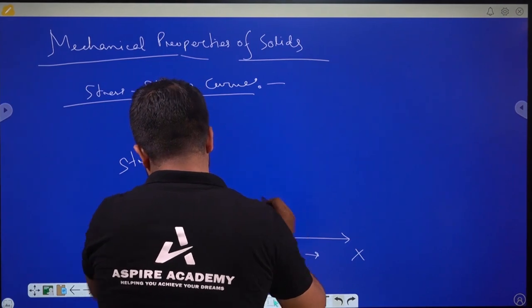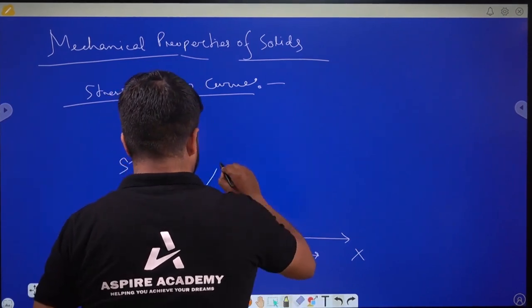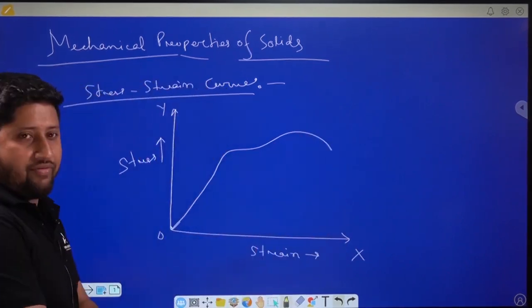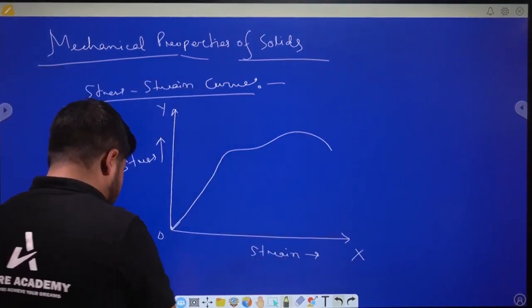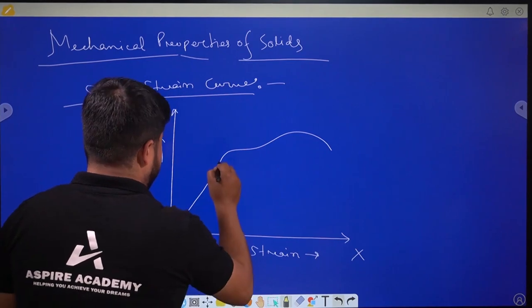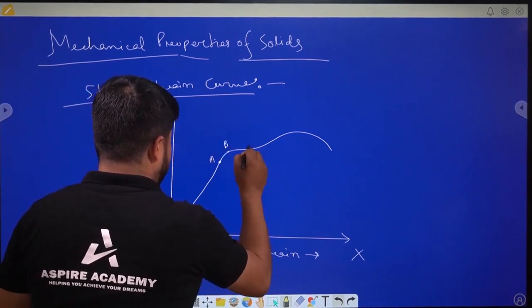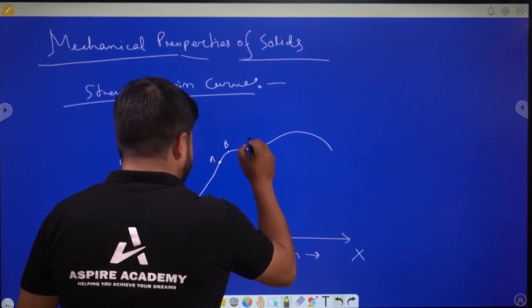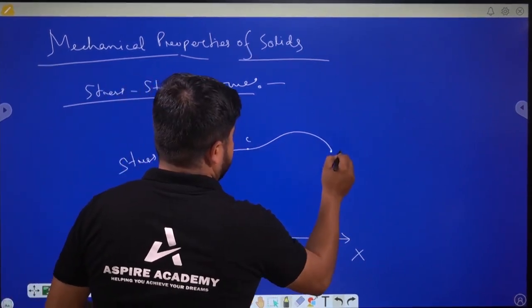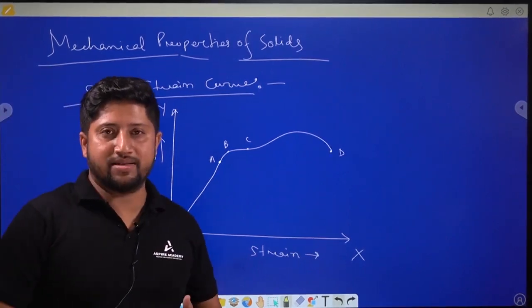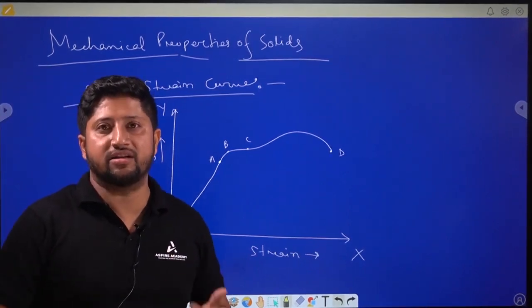Suppose this is point A, this is point B, this is point C, and this is point D. In the exam it may be asked to explain the stress-strain curve.